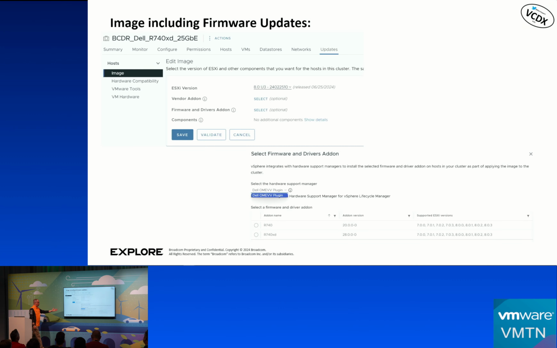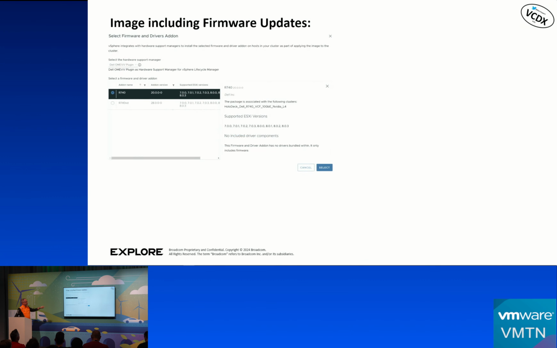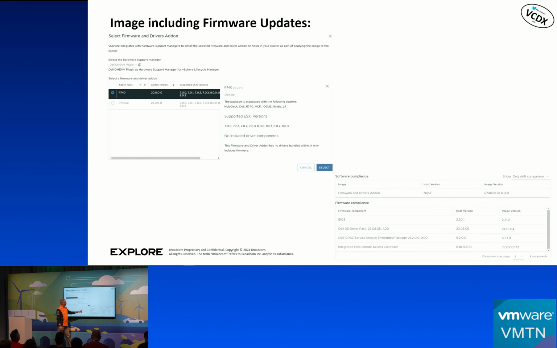I have R740s and 740XD machines in my environment. So those are my main servers, 29 of them. I could choose this, select it, and we can see firmware compliance, BIOS version right now, image version. So inside an ESXi image, firmware updates are now included.